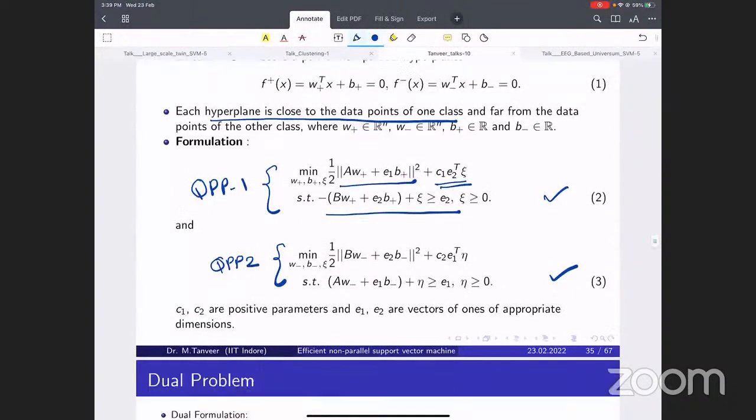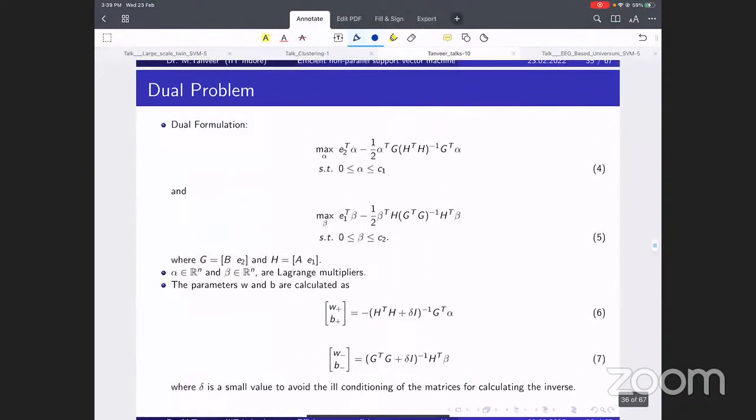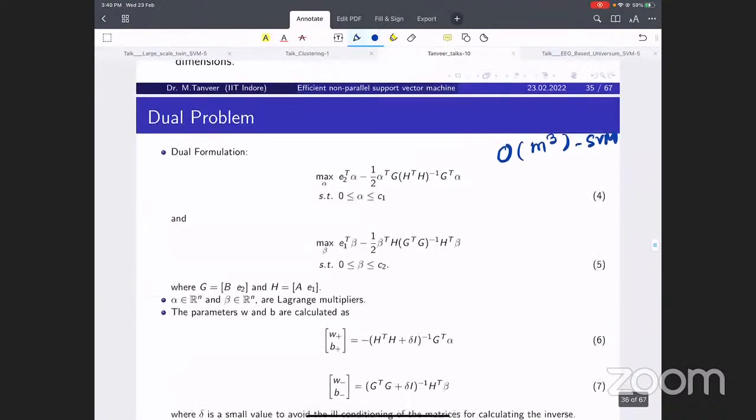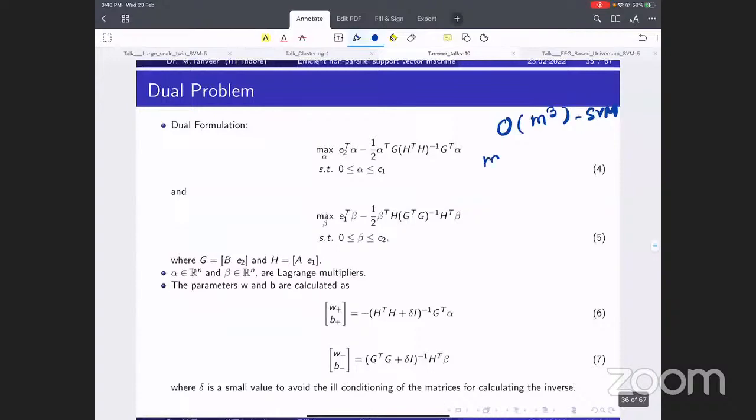If I talk about its computational complexity, we know that the complexity of SVM is of the order of big O M cube, where M is the size of the training data. This is for SVM. But in the case of twin SVM, we solve two problems, as mentioned here in 2 and 3, each of which is roughly half the size, M by 2.